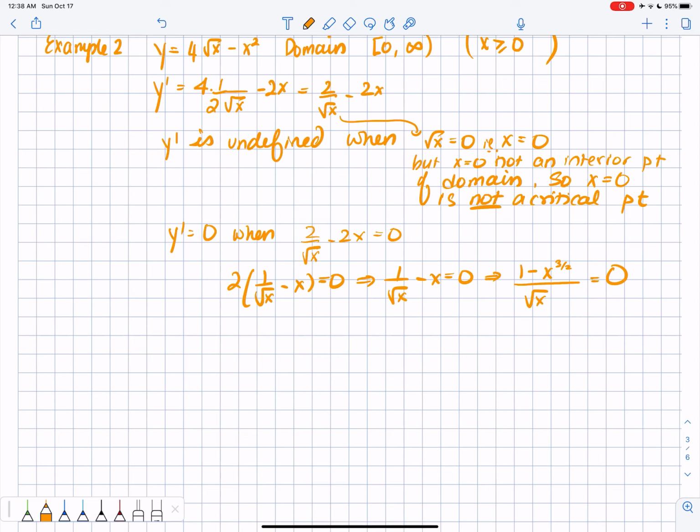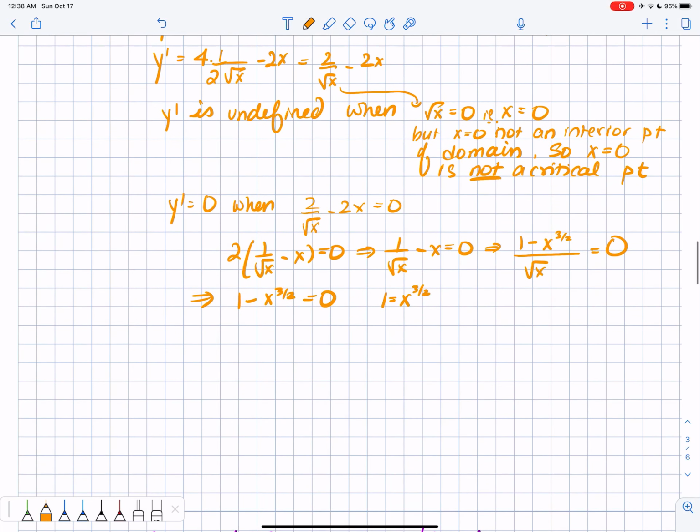So that's 1 minus x raised to 3/2 is 0. So 1 equals x raised to 3/2. Okay, so you first square root and then cube, or first cube then square root, but it doesn't matter. In either case, you would need x to be positive, and this means that x equals 1.